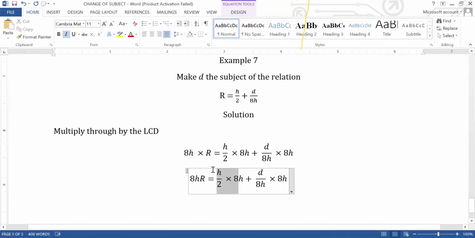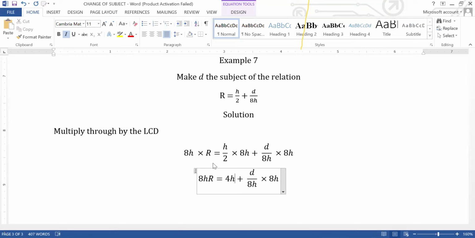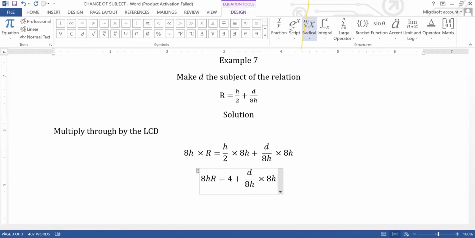So I'll clean all of this. I have 4h squared plus, and then this 8 cancels. Just cancel this out, right? And I get d for that side.